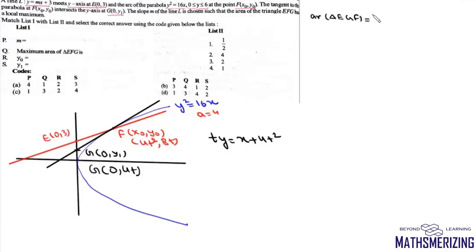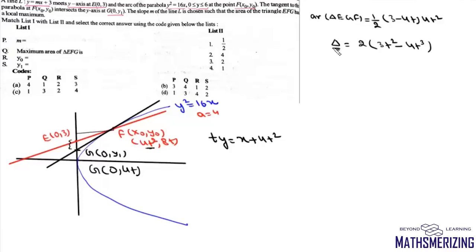Now we'll write area of this triangle EGF. So area of this triangle EGF will be half, and then this distance, which is 3 minus 4t, and then this height, which is actually equal to its x coordinate, that is 4t square. So we'll get this area as 2 and then 3t square minus 4t cube.